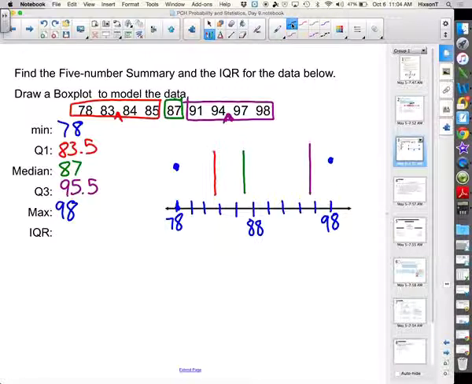So I'll draw the box here. And I'll draw the whisker going from Q1 out to my min, and my upper whisker going from Q3 up to my max. And there is our box plot for this data. Okay?